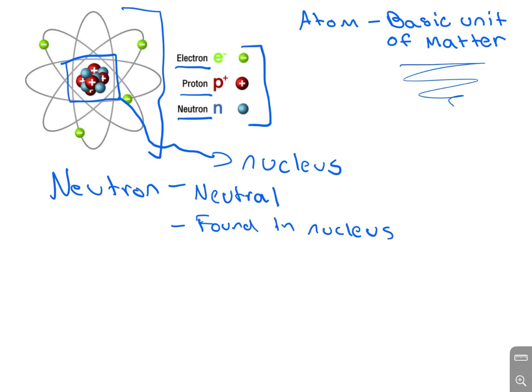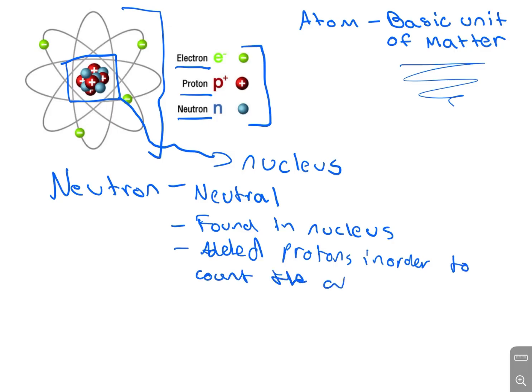And the third one is that it's added, I wouldn't say it's its main purpose, but it's added to the protons in order to count the atomic mass. It's the mass of the atom, and it's found by adding the mass of protons and neutrons.